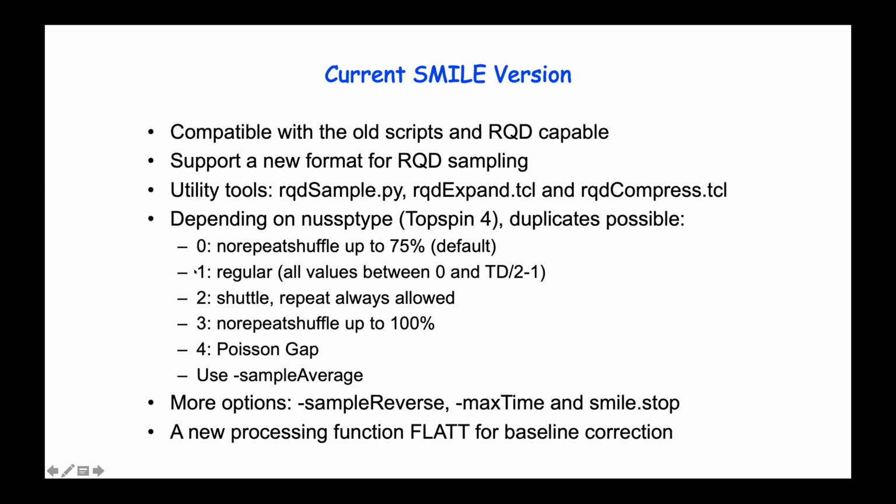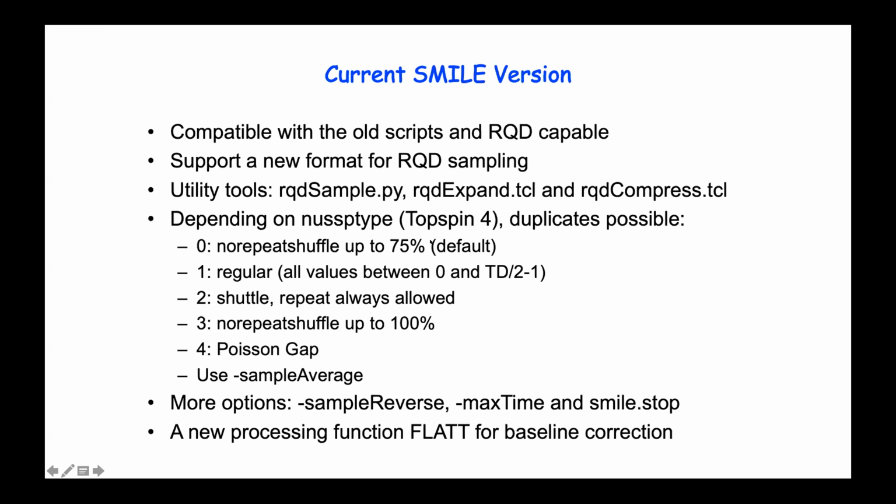If you set it to 1, it's regular, all values between 0 and half. If your TD is 100 data points, it's 0 to 49, and it could repeat. Oh, I don't even know what regular means, actually. I forgot. If you set it to 2, shuffle, it means that repeats are always allowed.